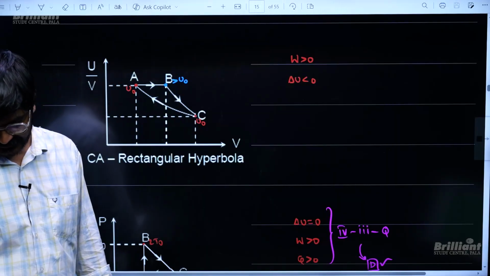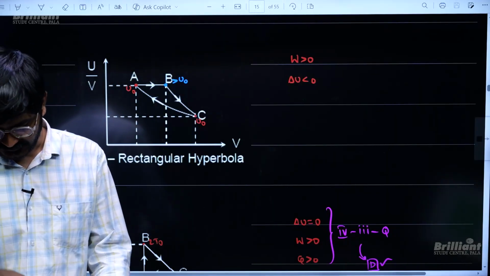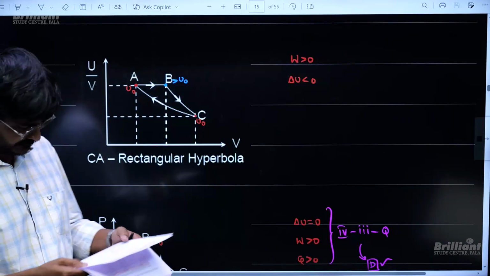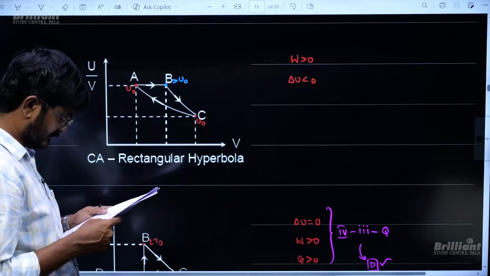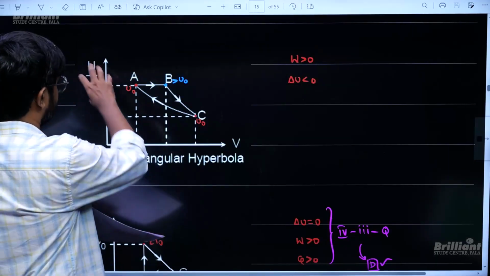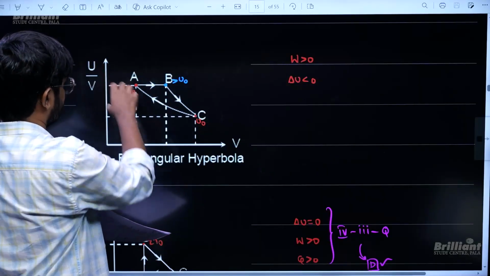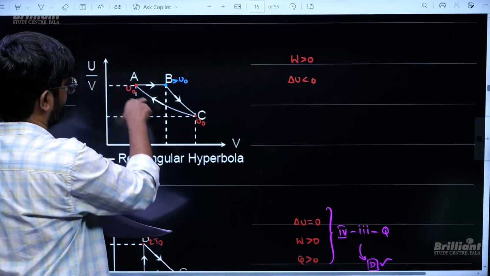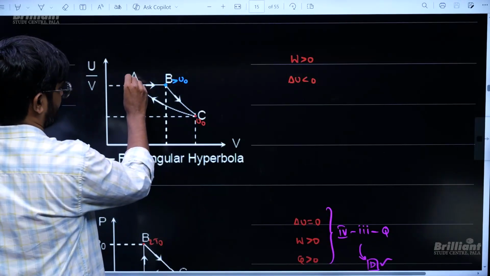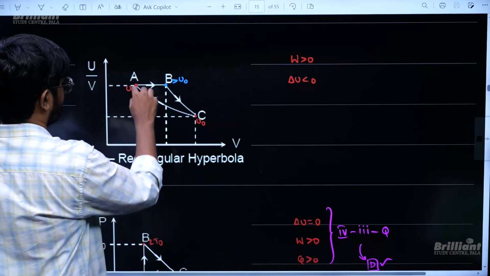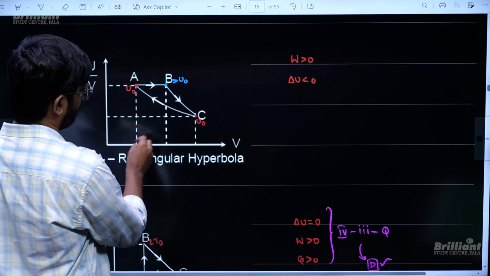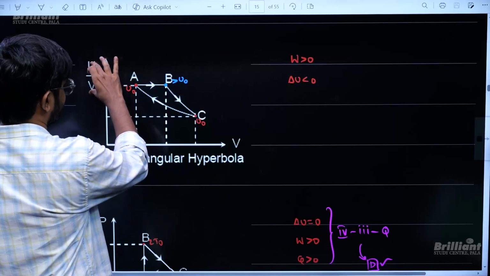And in the third case, it was U by V, and they said it is a rectangular hyperbola, that is this into this is constant. So U is constant, internal energy is constant, temperature is constant. If I call this internal energy U naught, this entire thing will be U naught. Now from here to here, volume is increasing, but U by V is constant.